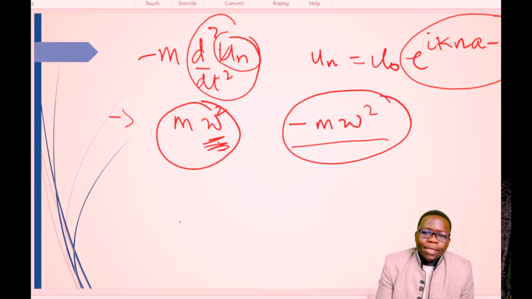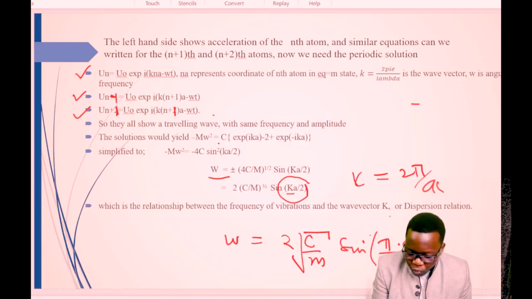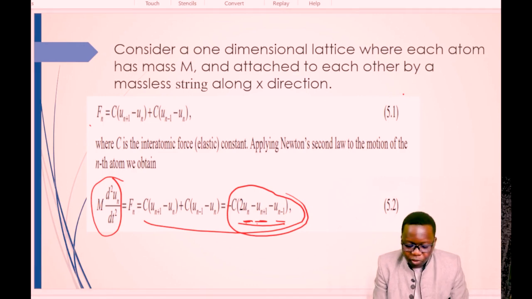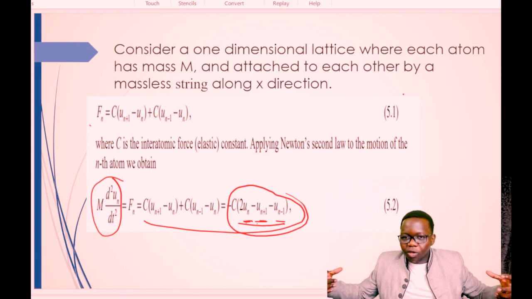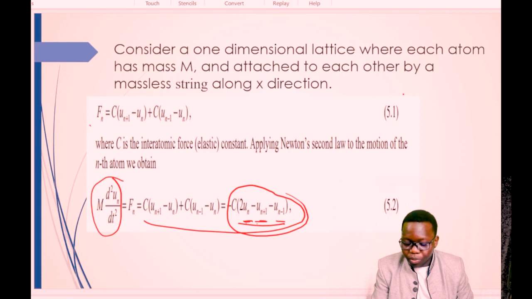So our task is now working on the right-hand side, which, when we look at it, we said it is c into 2un minus un plus 1. So we try to get the interaction, the force that is acting on the middle atom, the central atom, and these neighboring atoms along the x-axis, the one on the left, one on the right, which is this expression.